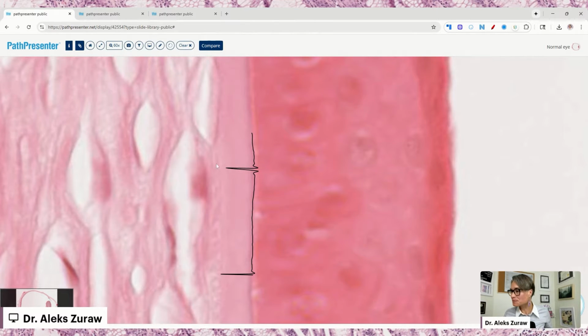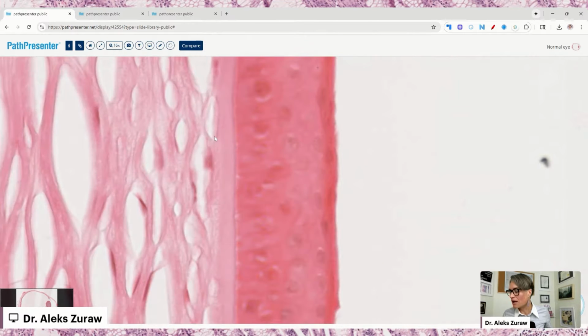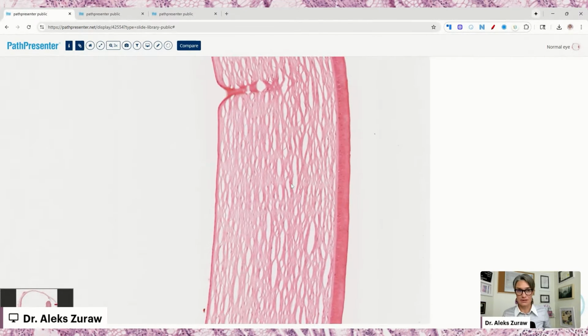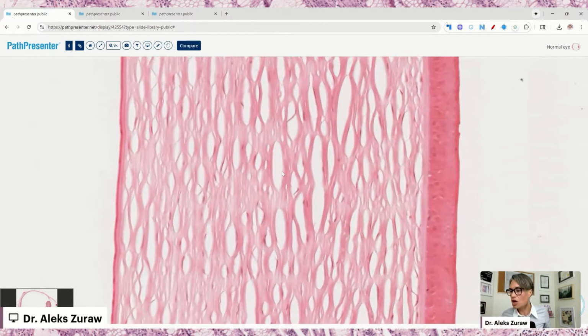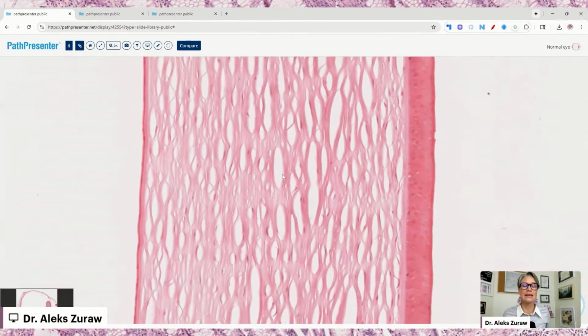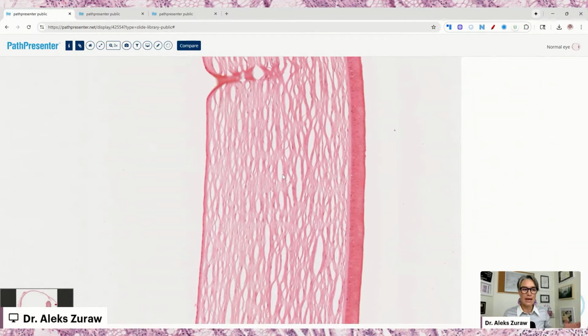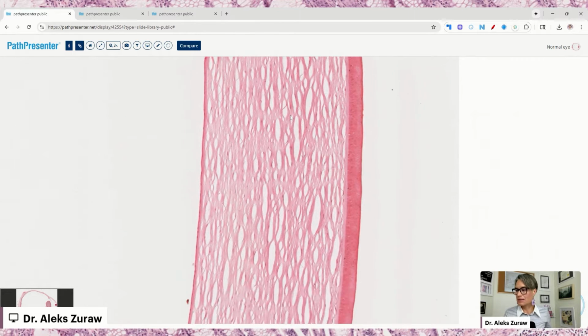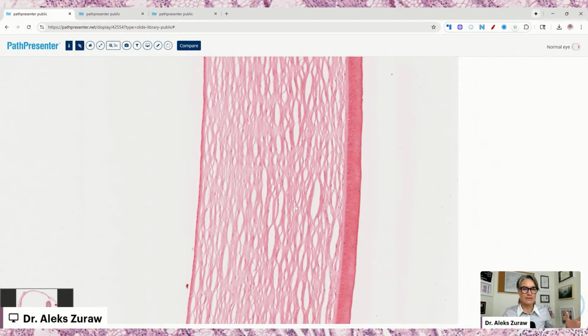And then we have a bunch of these pink fibers. This is collagen and fibroblasts arranged in a very parallel way that lets the light go through. And it's transparent.